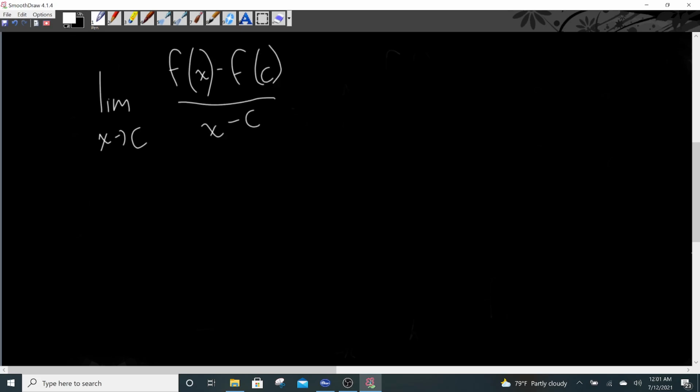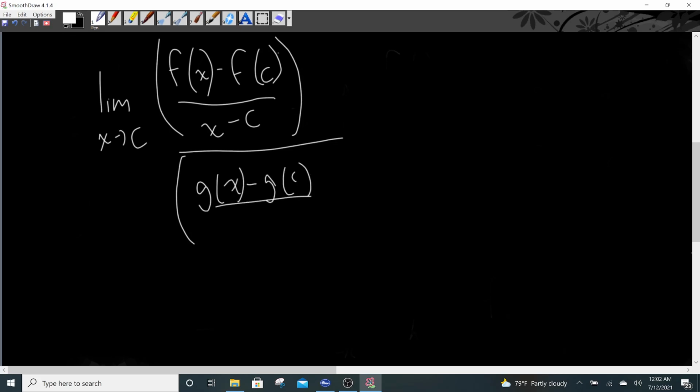We would have the limit as x approaches c of, in parentheses, f of x minus f of c over x minus c, all of that over, again in parentheses, g of x minus g of c over x minus c. That might have seemed like a big jump, but anything we're doing to the top, dividing by x minus c, we're also going to do to the bottom.